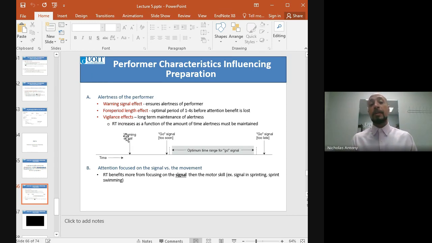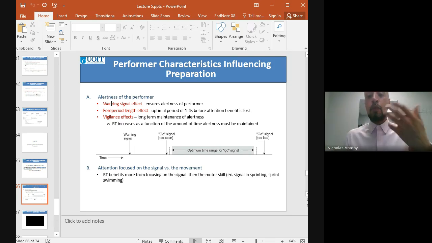That comes from the idea that when you have to maintain vigilance, you slowly decrease alertness over time because it takes effort to maintain alertness. So maintaining alertness for a long time would increase the reaction time or make it worse.